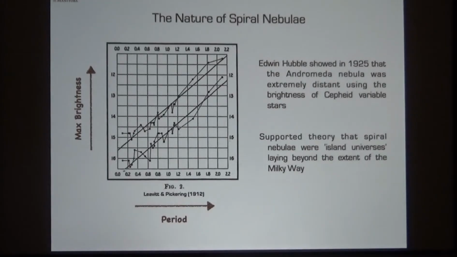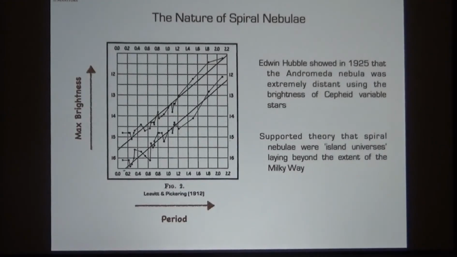And the Milky Way at the time was believed to be the entire universe. And the follow-on from this is that if these are beyond the Milky Way, then the Milky Way can't be particularly special. It's one of many objects. And actually, this theory had been postulated a few years prior, in particular by Heber Curtis, and this sort of lent evidence to that for the first time.